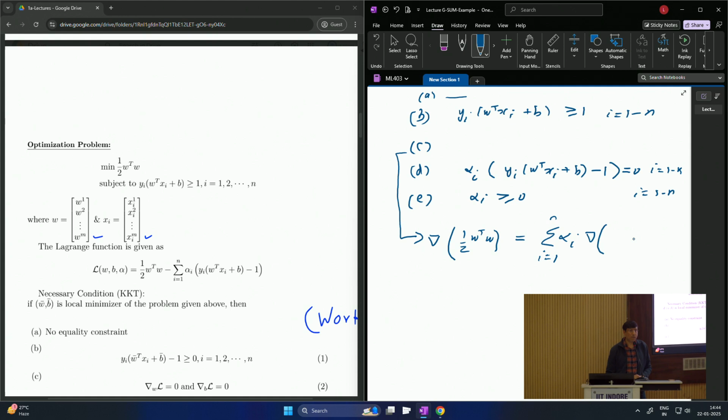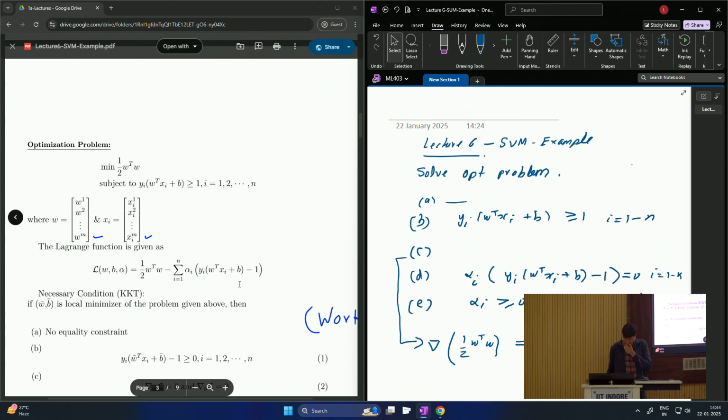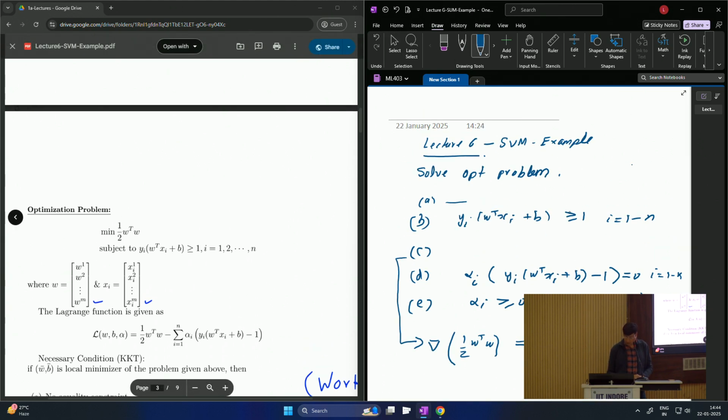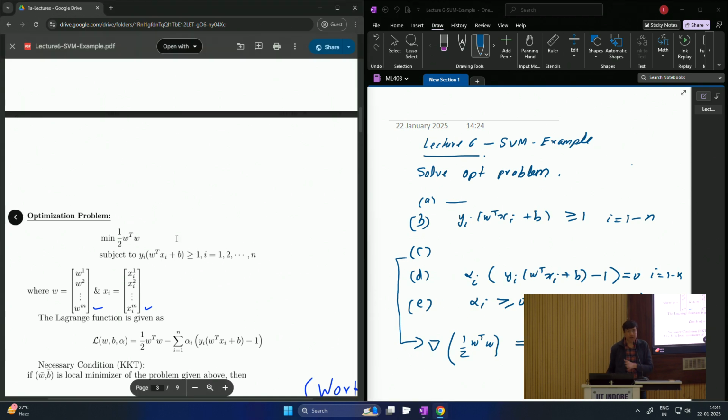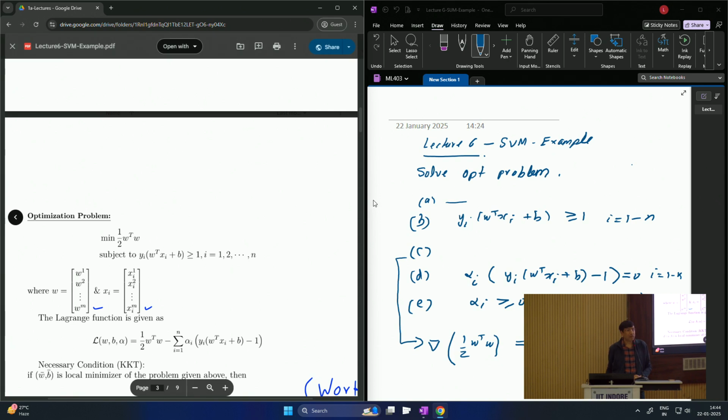Yes or no? Okay. So we'll write yi W transpose xi plus b minus 1. I am taking this 1 to the other side from this constraints equation and writing greater than equal to and then picking the constraint. That's the standard form of the optimization problem, where you write the inequality constraints to be greater than equal to. Everybody with me?